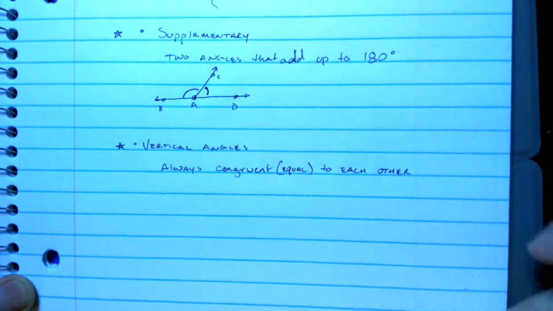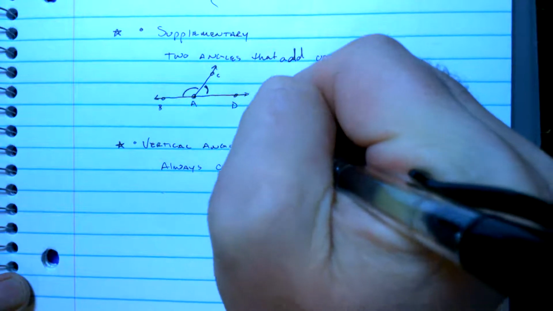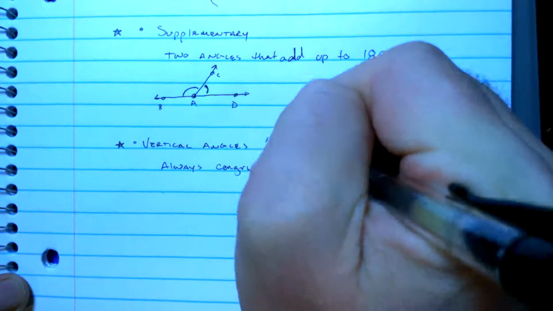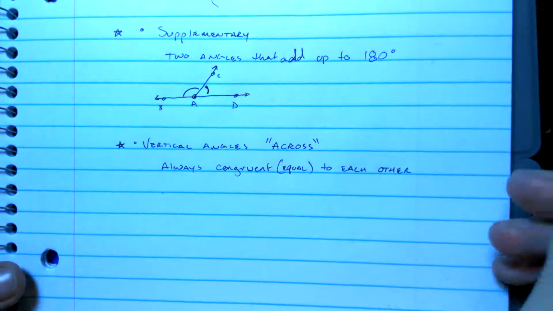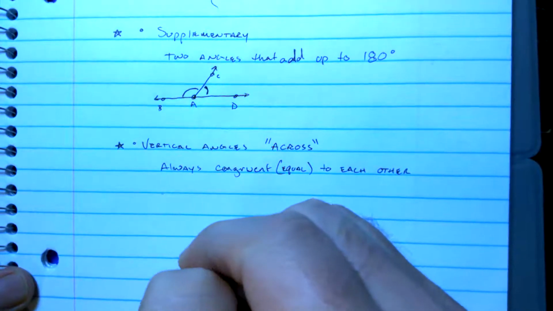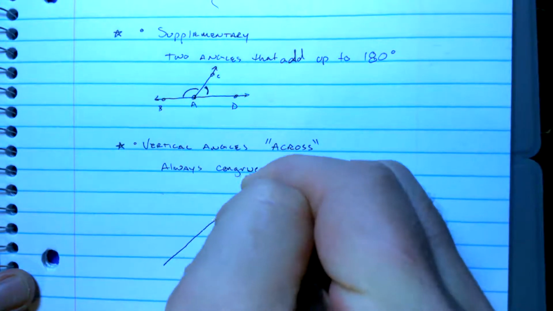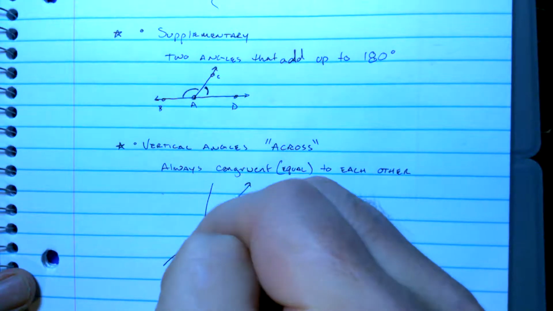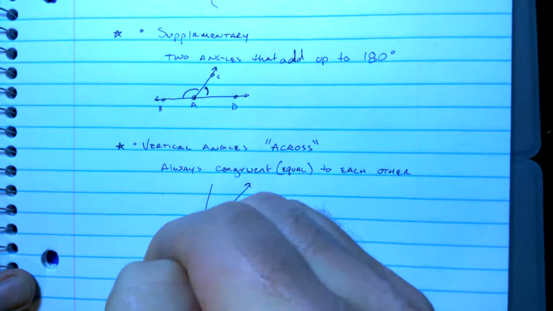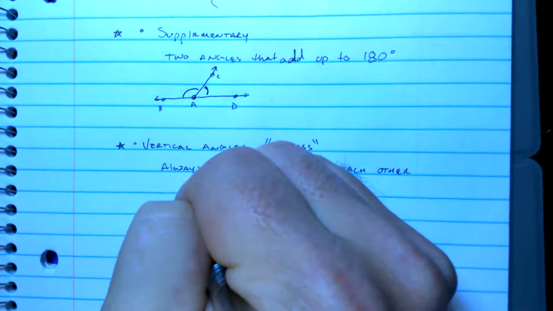And a lot of times when I say vertical angles, it gets misinterpreted. So vertical angles really just means they are across from each other. All right. And we'll draw a picture so that we can kind of recognize this. It can be any picture you want, but it's just two intersecting lines.